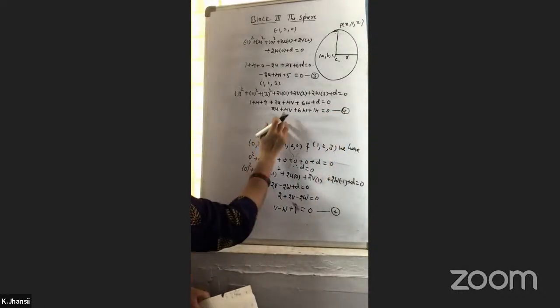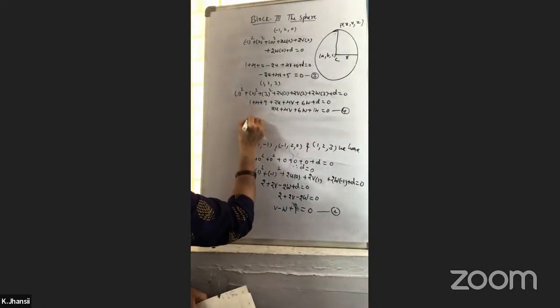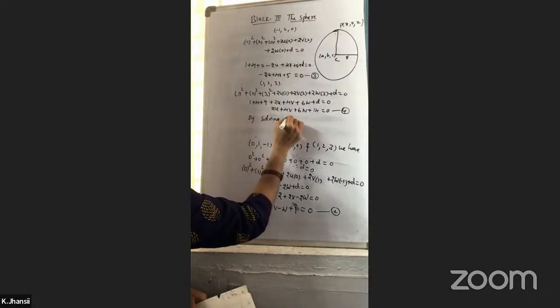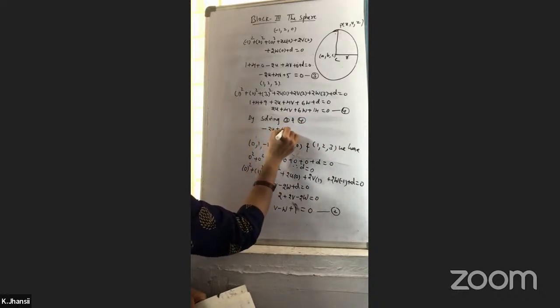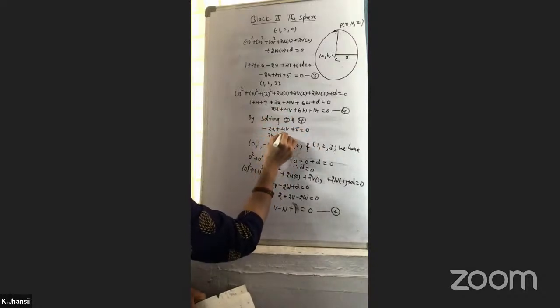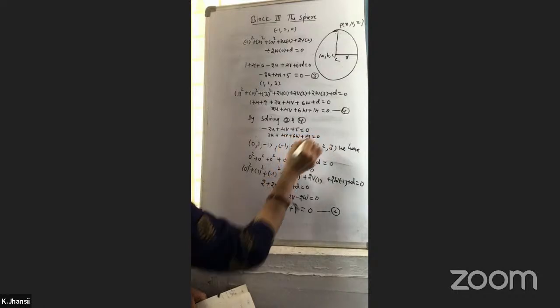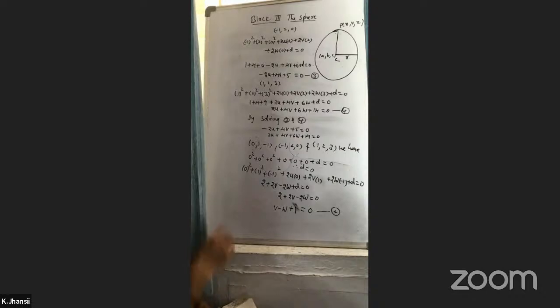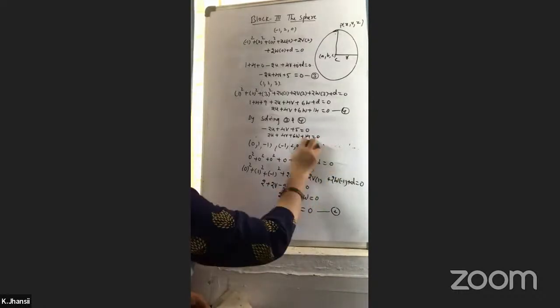Okay. So now by solving third and fourth equation, by solving 3 and 4. Okay. So 3 is minus 2u plus 4v plus 5 is equals to 0. This is 2u plus 4v plus 6w plus 14 is equals to 0. So what you will get? So we are adding here.